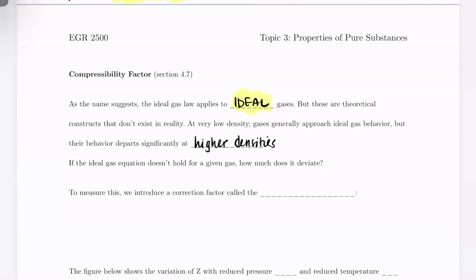Okay, so if the ideal gas equation doesn't hold for a given gas, how much does it deviate? That's something we would like to know. If we're using an ideal gas prediction, we'd like to know how wrong our prediction is.